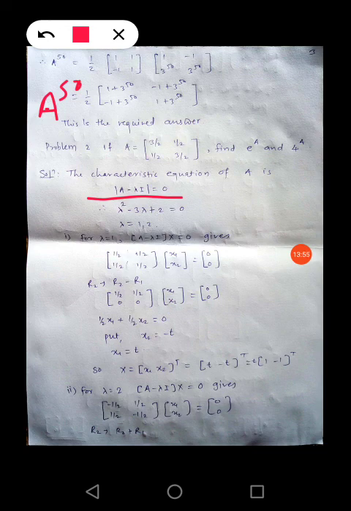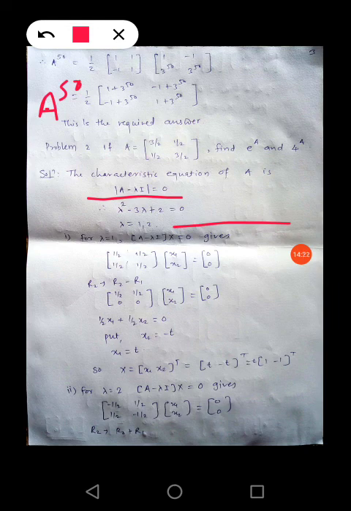So lambda square minus 3 lambda plus determinant of A, that is 9/4 minus 1/4, which is 8/4, that is 2, is equal to 0. As we have seen, the quadratic equation lambda square minus 3 lambda plus 2 is equal to 0. So 1 and 2 are the roots of this equation. So eigenvalues are distinct here. 1 is not equal to 2, hence eigenvalues are distinct.